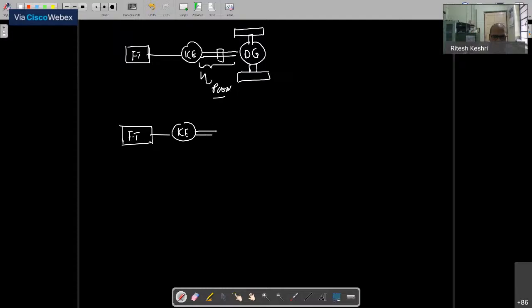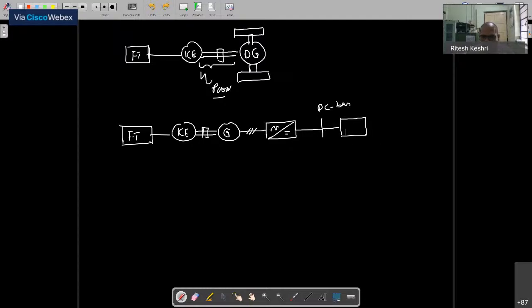With this IC engine, we are connecting a generator, and then with this generator we have AC to DC conversion, and then here we have a DC bus. With this DC bus, our motor is connected.